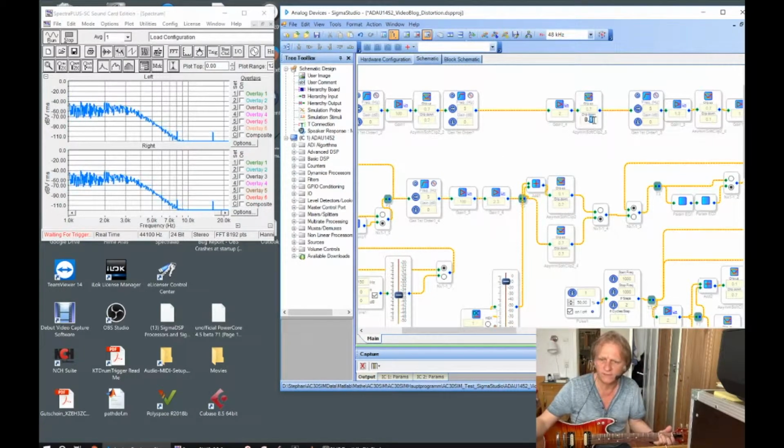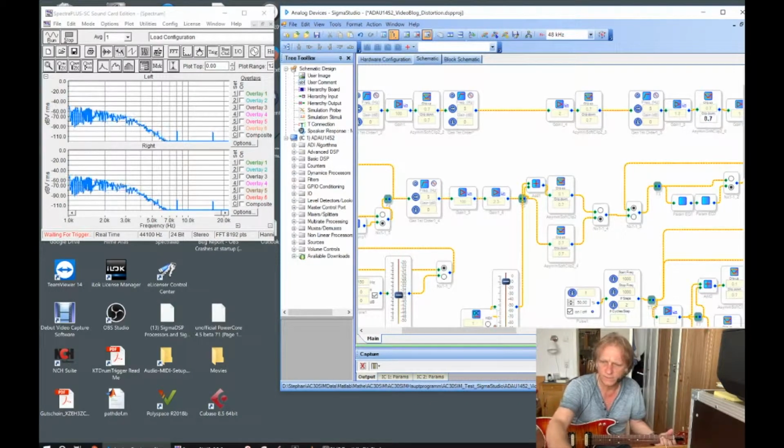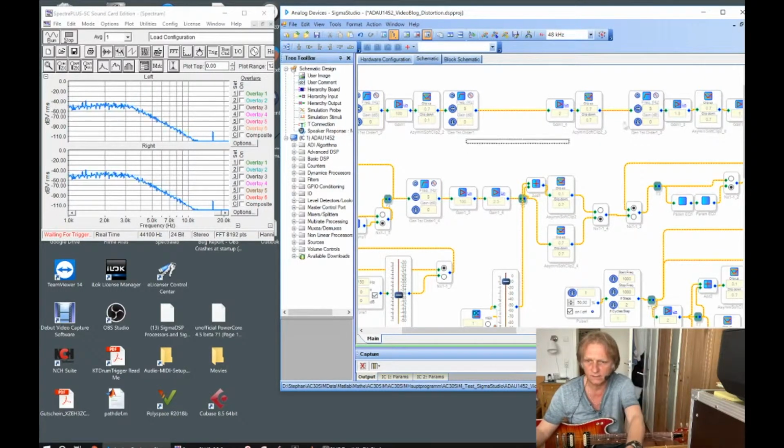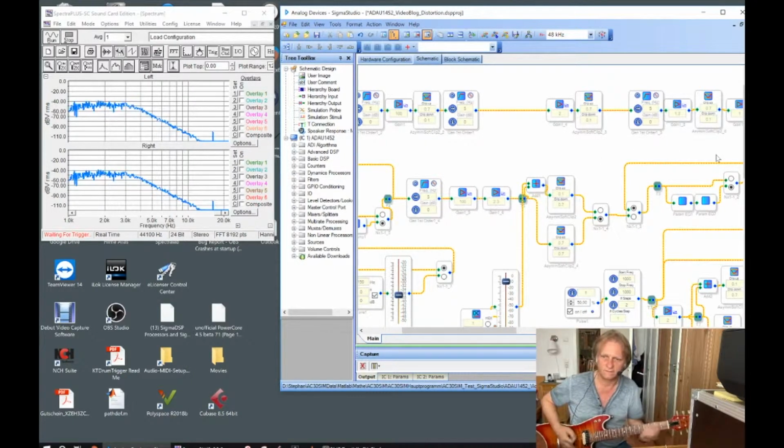More flavor than if we have it all symmetrical. It's powerful, yes, but there's some nice crunch in there.